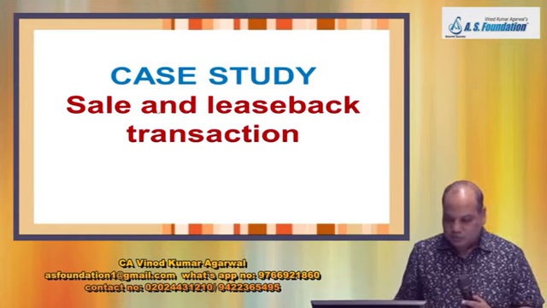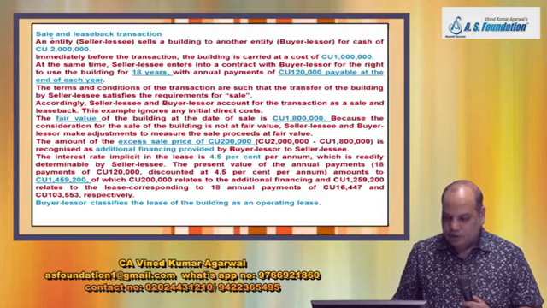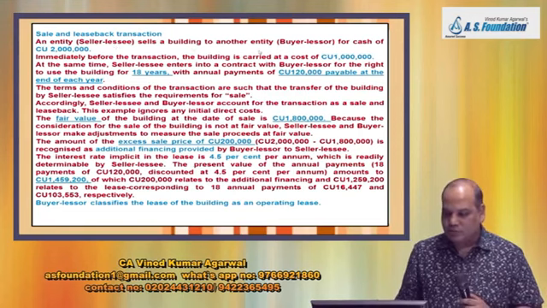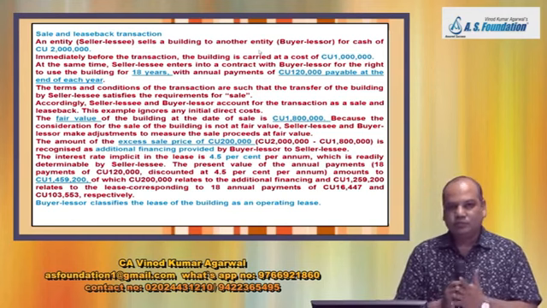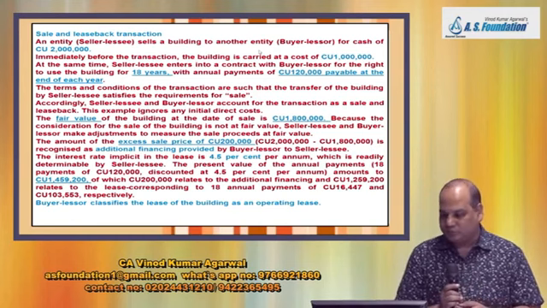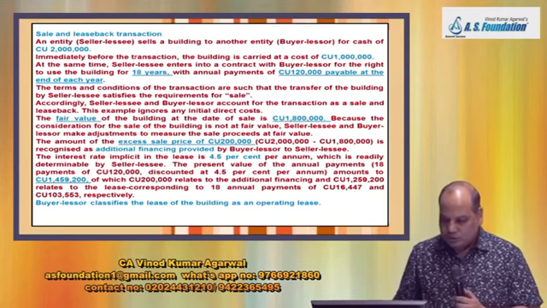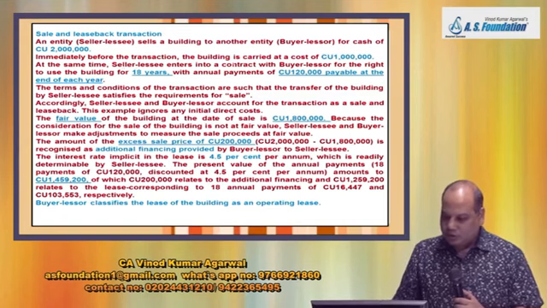So see the question line by line. I'll go slowly. Sale and leaseback transaction: an entity, that is the seller lessee, sells a building to another entity, that is the buyer lessor, for cash of rupees 2 million. Immediately before the transaction, the building is carried at 1 million.